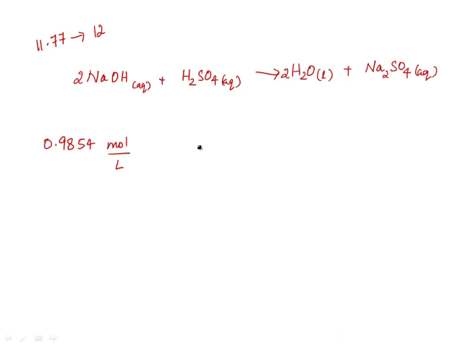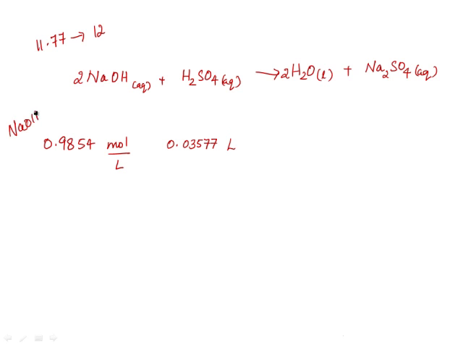Do we use ml in molarity calculations? No, we use liters. So convert that to liters. How many liters of NaOH are you using? 0.03577. So these are the two quantities given for NaOH.